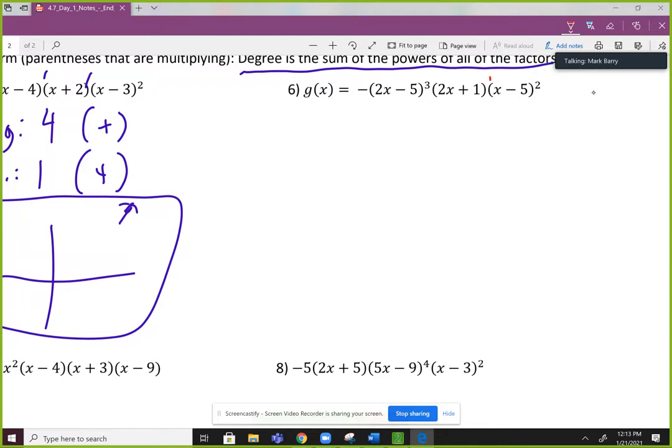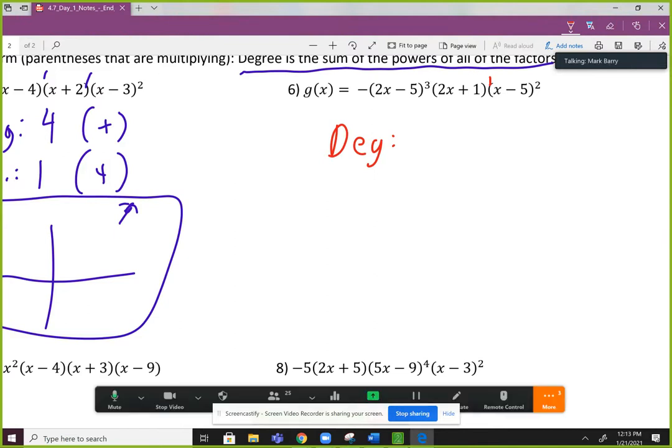I have one missing exponent, so I'm going to throw a 1 up there. So what's my degree here? Well, I have to add up all the exponents. 3 plus 1 plus 2 is going to give me 6.